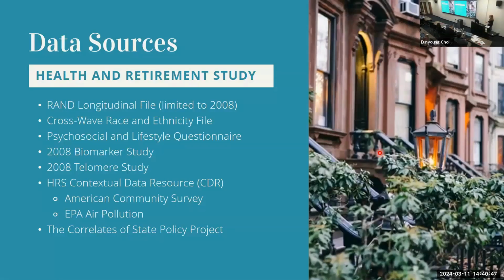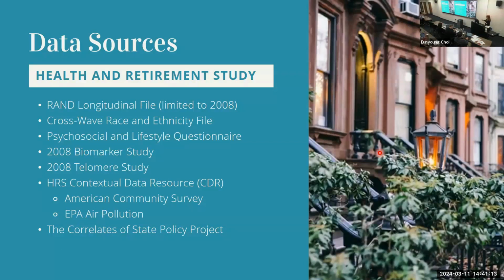All right, so the data sources. We use the Health and Retirement Study. We started with the longitudinal file, but because we're looking at telomeres, which are from 2008, we limit the data to 2008. We have the cross-wave race and ethnicity file, the psychosocial and lifestyle questionnaire, the biomarker study, and the telomere study.